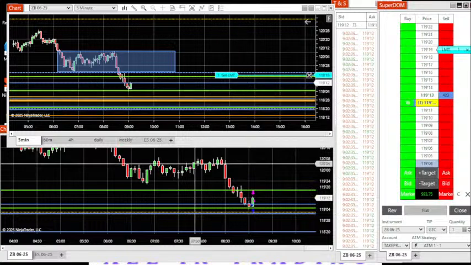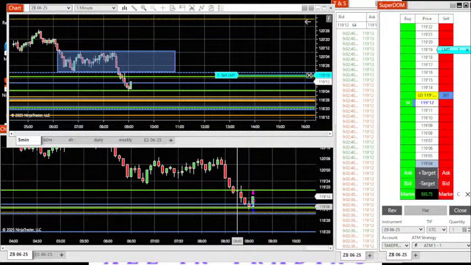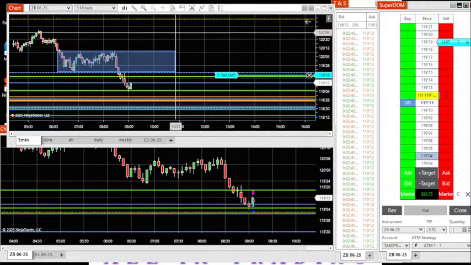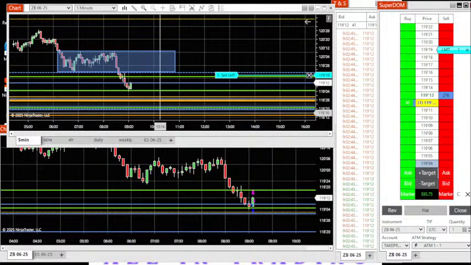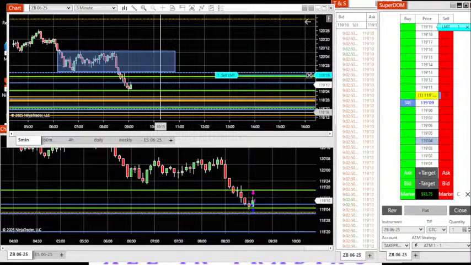Order submitted. I only didn't try to ride it up longer because we're on a red day and I don't even want to be going long, assuming price is going up. I only want to go sells. So I did a quick buy for 3 ticks, and I'm going to try to get back in on a sell for at least 4 to 5, maybe.